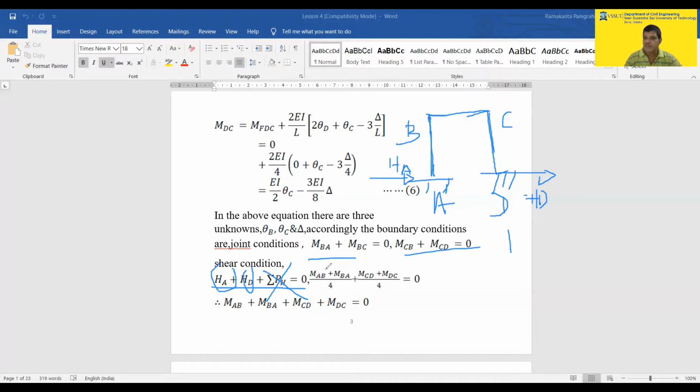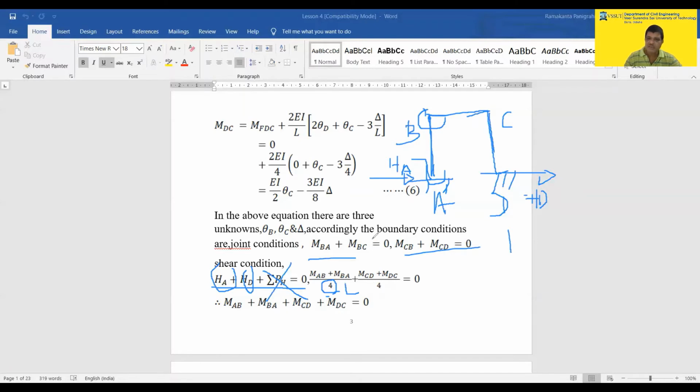Already we have discussed in the last class how to find HA, and HA depends on these moments here. If you take all the clockwise moments, here MAB plus MBA, by the height. This is L, the span L, or the height L. So MAB plus MBA by L plus here MCD plus MDC by L is equal to 0.